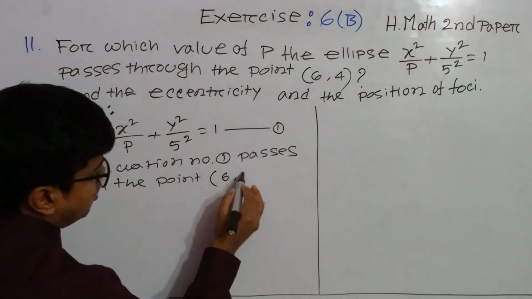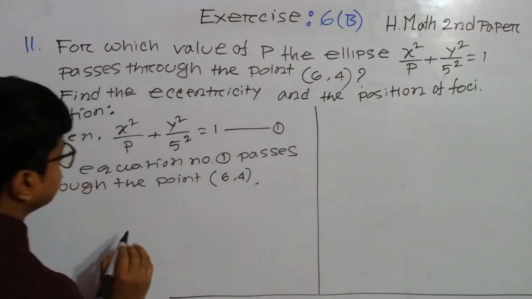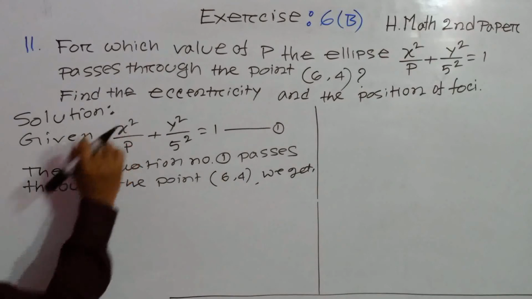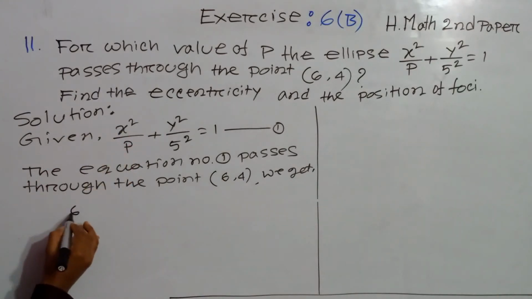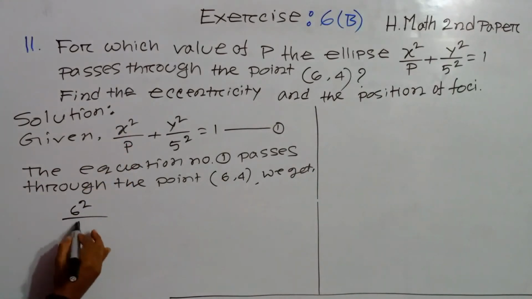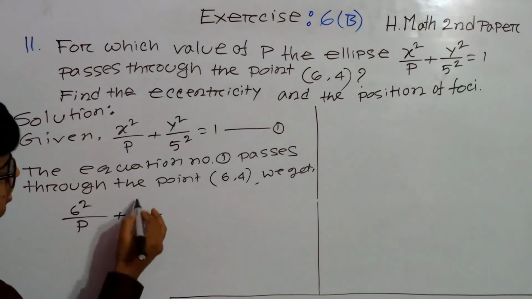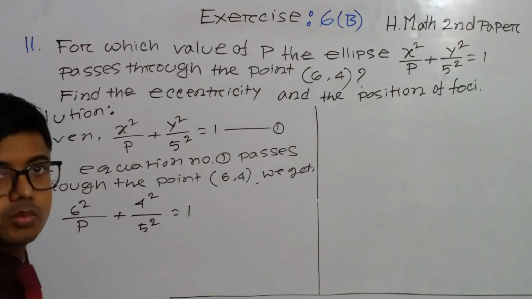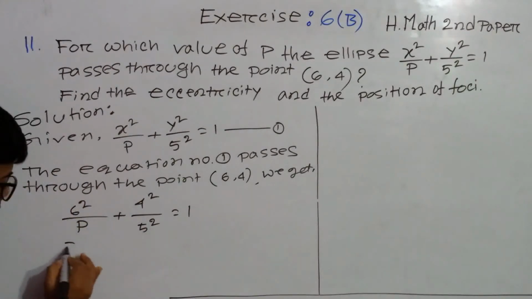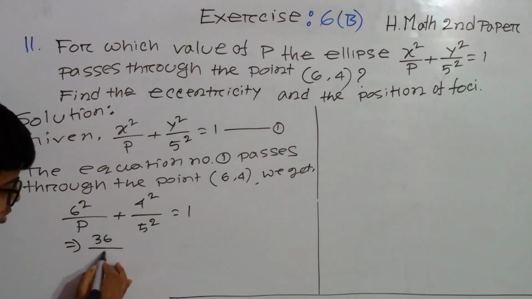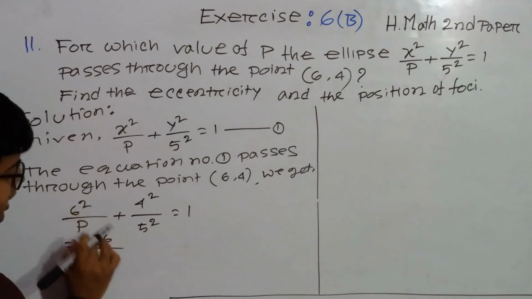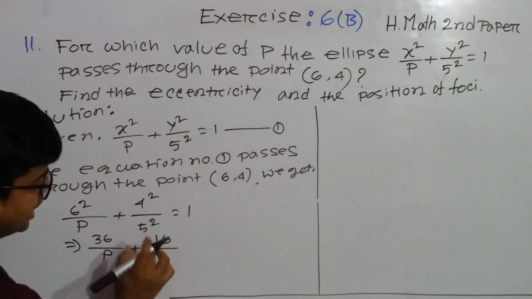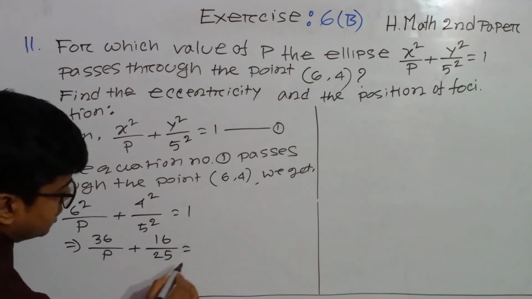We get 6 squared by p plus 4 squared by 5 squared equals 1. Here we can write 36 by p, and 4 squared is 16, 5 squared is 25, equals 1.